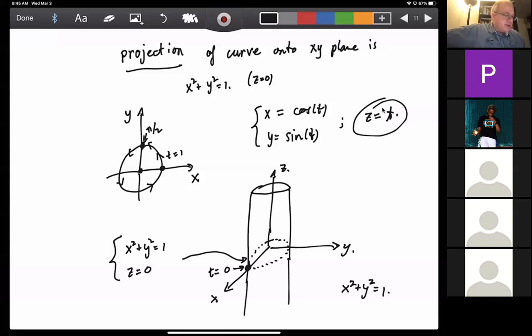So by the time we get to t equals pi over 2, where y is 1, x is 0, we're at a point above the positive y-axis. We've increased here, and we keep going around the cylinder this way. If we start tracing out negative values of t, the curve is winding the same way around the cylinder.